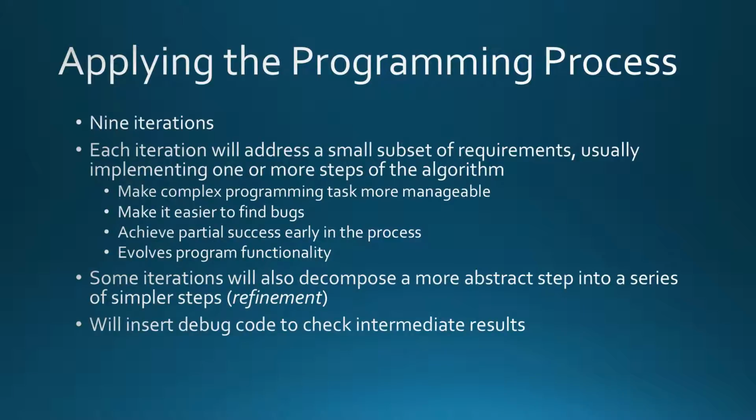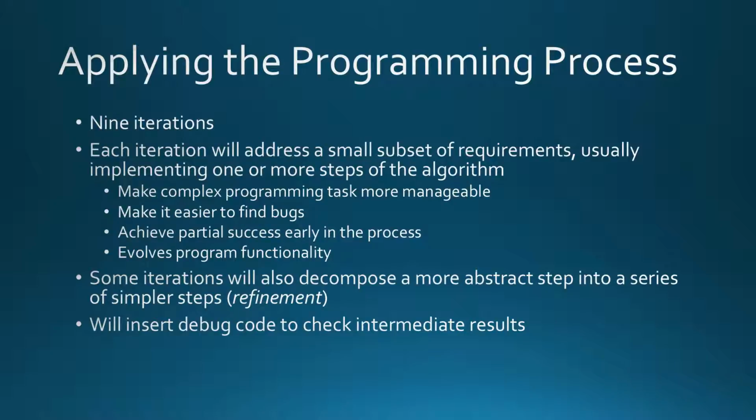Another thing we're going to do is insert debug code to check intermediate results. One of the things that can really make it difficult for us to get the program correct is if we don't check to see that what we think we're reading in is what we're actually reading in.